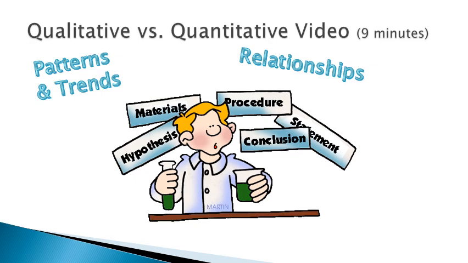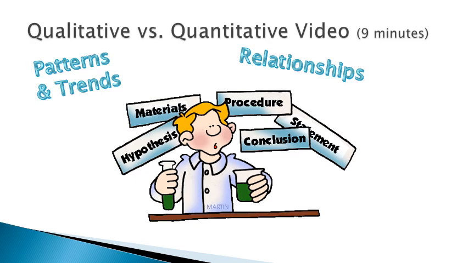So we can look at them differently, but if we're trying to say, does this cause that? Quantitative research. Why is something happening? Then I'm looking for a pattern or a trend. How does something happen? When does something happen? Qualitative. So I want you to start making that distinction between quantitative and qualitative.